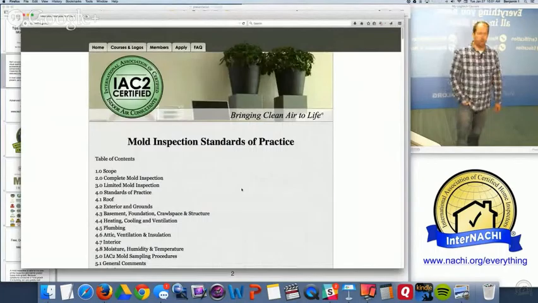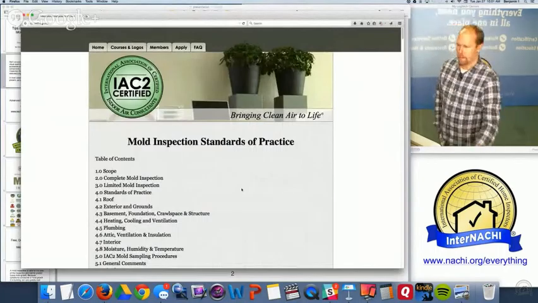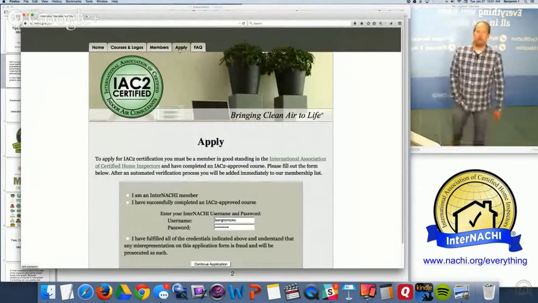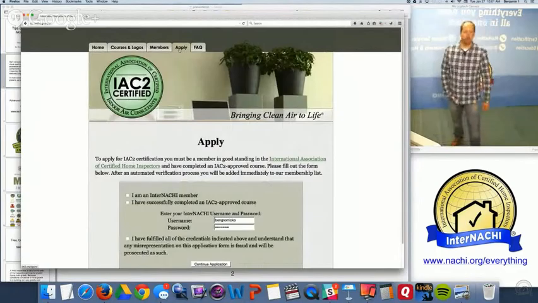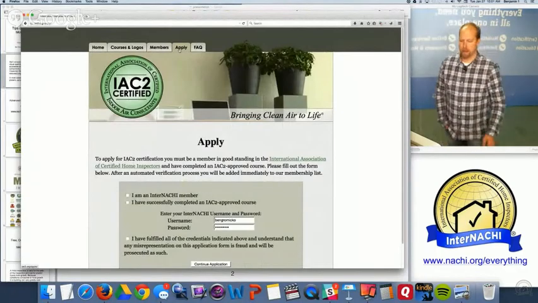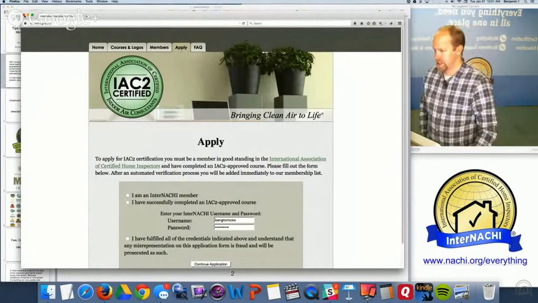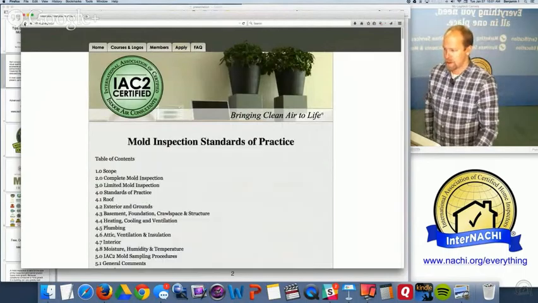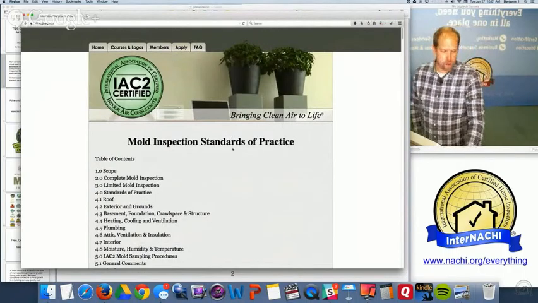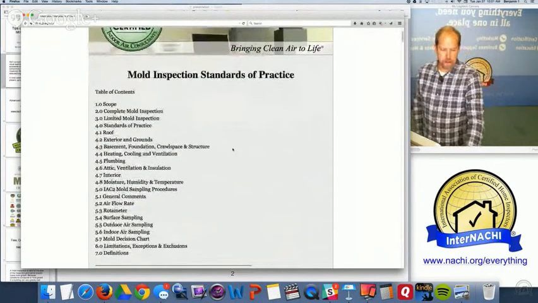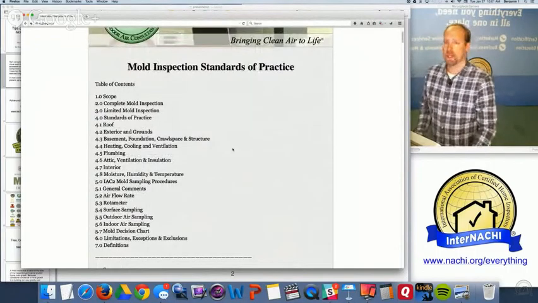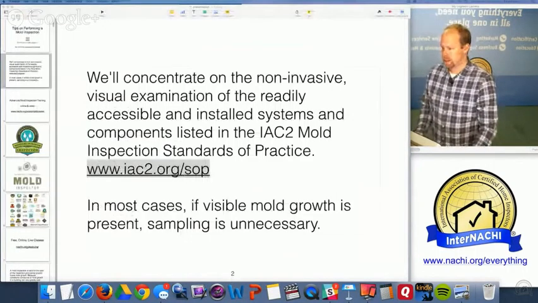If you'd like to be a member of IAC2, the application process is fairly easy. However, you have to be a member of InterNACHI. That's one of the requirements. And then there's some training involved and a certification exam. But you can apply online. And the standards of practice are there: the mold inspection standards of practice for completing both a complete mold inspection and a limited visual inspection.